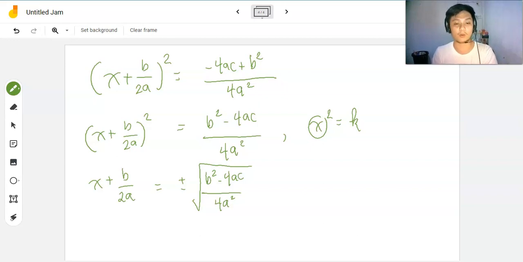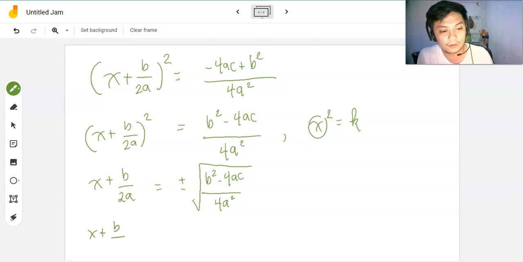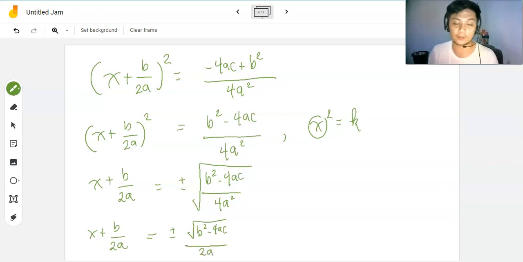And 4a squared is a perfect square quantity because 4 is a perfect square number, and a squared is a variable raised to a positive even exponent, so the exponent is an even integer. Therefore, it is a perfect square. So, what is the square root of 4a squared? 2a. So, x plus b over 2a equals positive or negative square root of b squared minus 4ac over 2a.